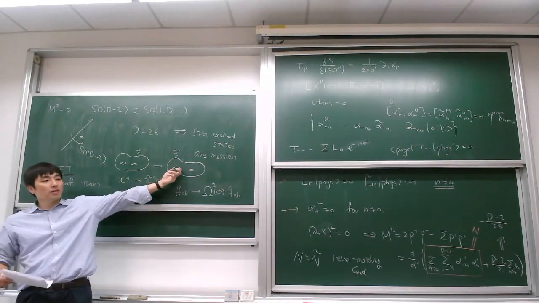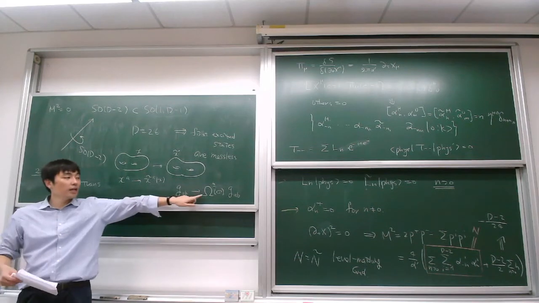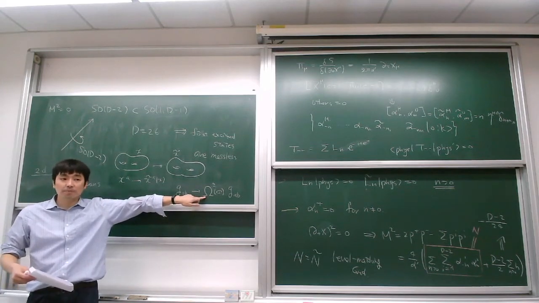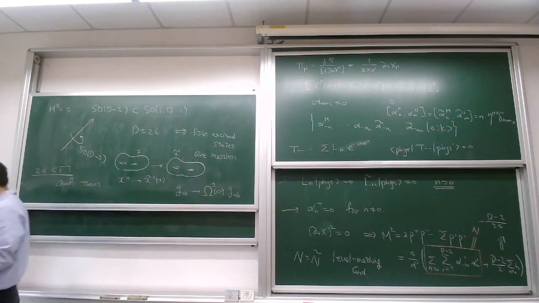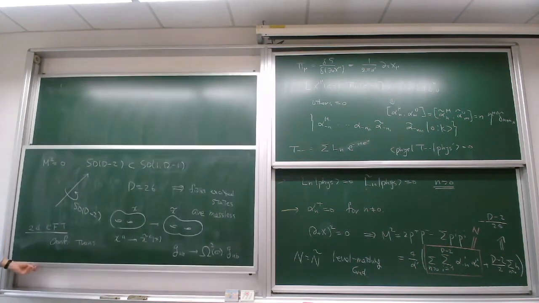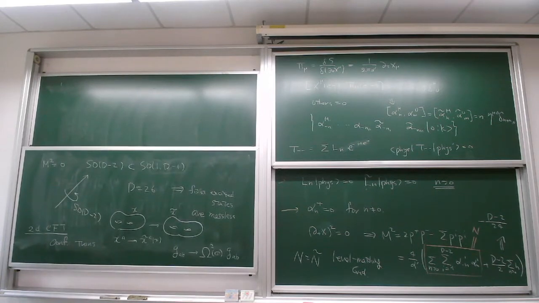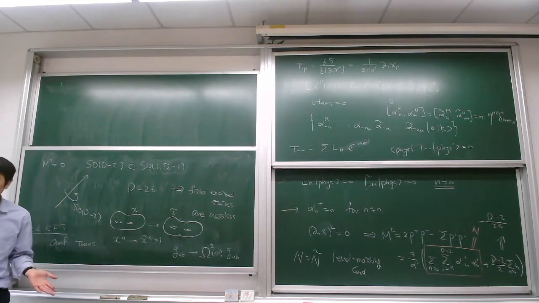You pull back the metric, and it changes only up to scaling. Many students get confused about the difference between conformal symmetry and Weyl symmetry.